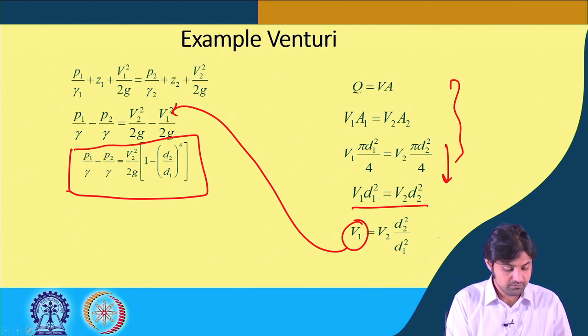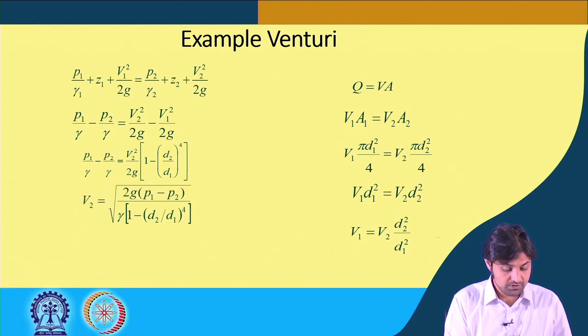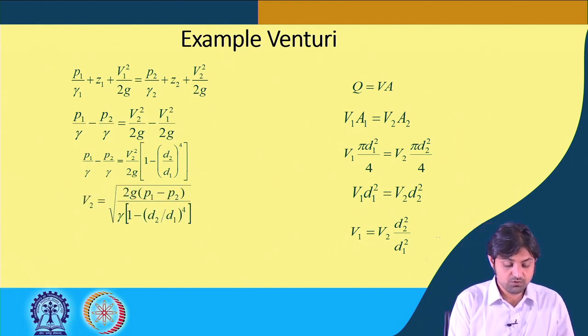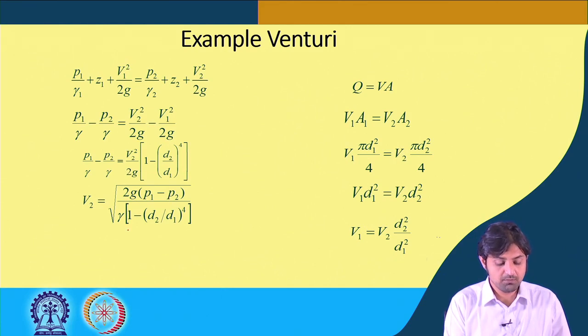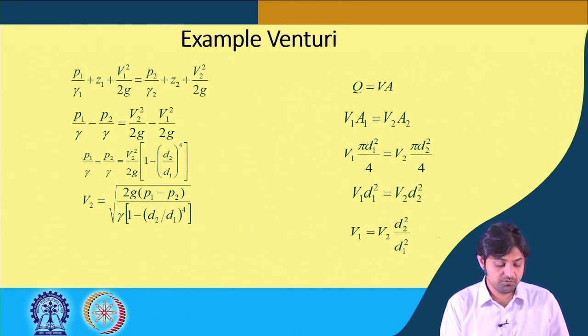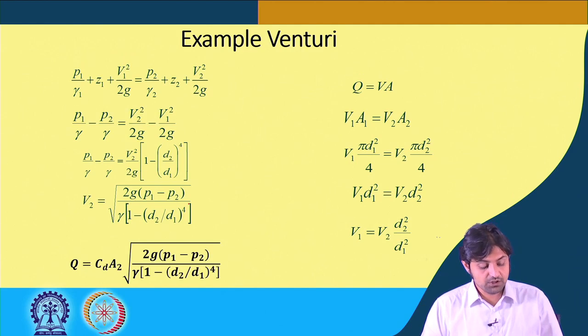Now, therefore, on writing V2, we can get square root of 2g (P1 minus P2) by gamma divided by 1 minus (D2 by D1) to the power 4, and Q simply we multiply this with V1 A1.